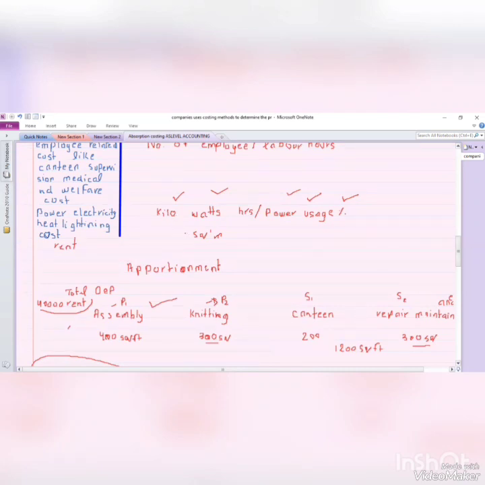Different floor areas would be given by the examiner in square feet, with a different number of square feet for each department.